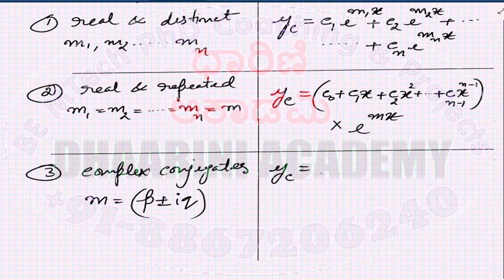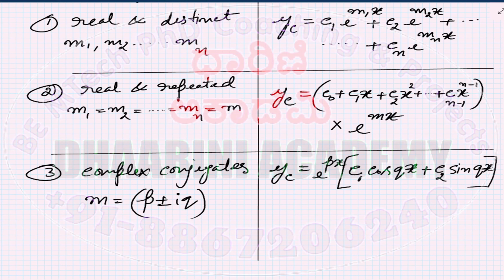This is always e to the power real part, e to the power px. Multiply this with a constant c1 into cosine of the imaginary part into x, cos qx, plus c2, another constant, into sine of qx. So what are p and q?